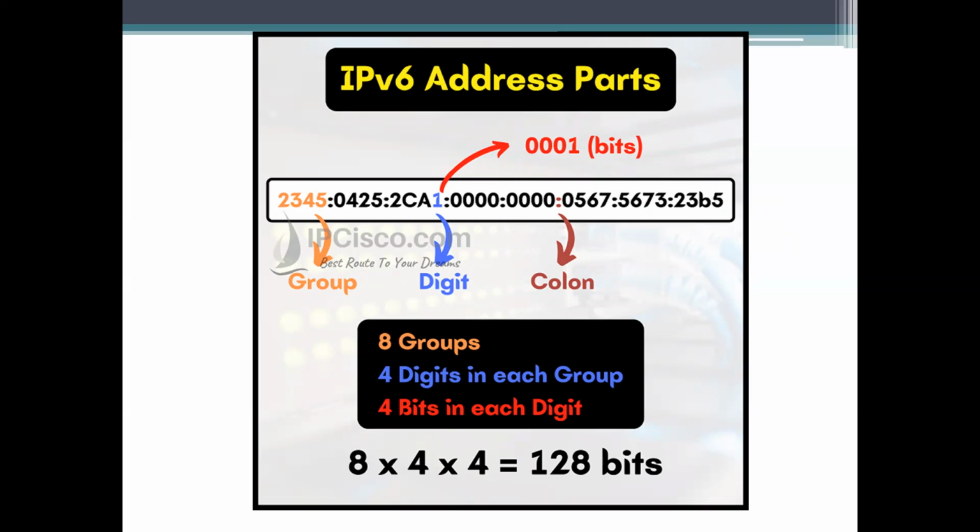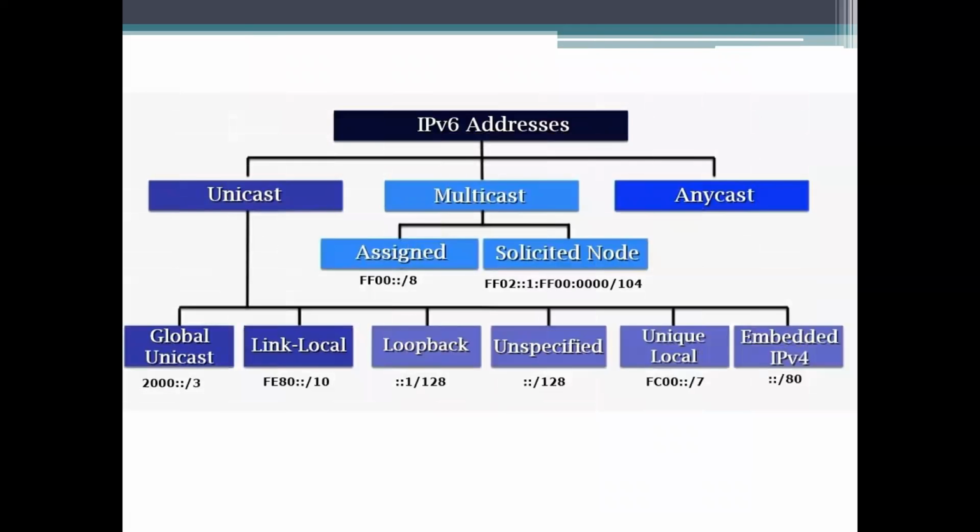So, how do we subnet an IPv6 address? Before we go into the subnetting, we must understand that there are different types, and we must be able to recognize these different types of addresses. So we have our unicast, multicast, and anycast. Usually our public address is represented by 2000/3. So these are any addresses that are public. Then we have addresses that start with FC00/7.